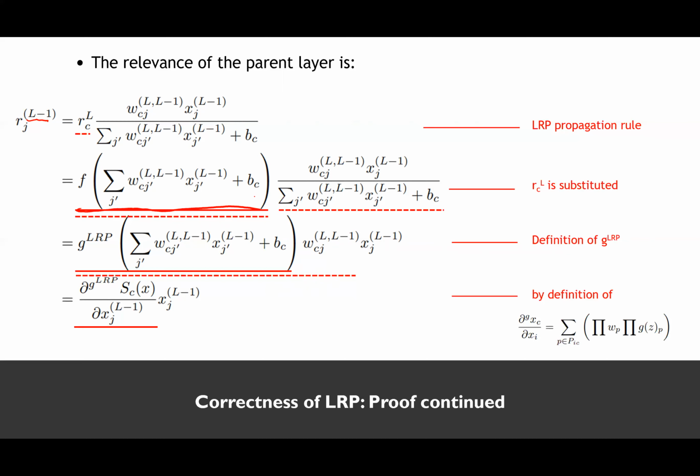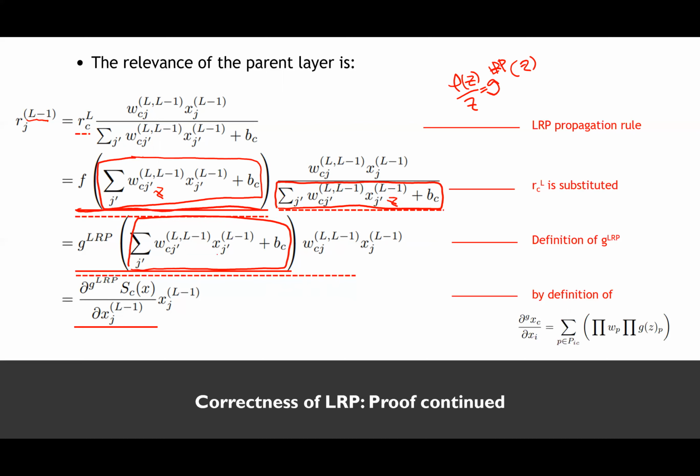And by definition of GLRP, you can focus on this part. If we say z is identical with the equation part in z, and if you remember that fz divided by z is GLRP g, then we can rewrite the term as this.